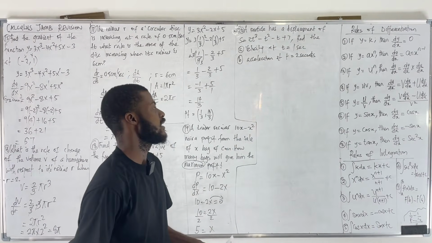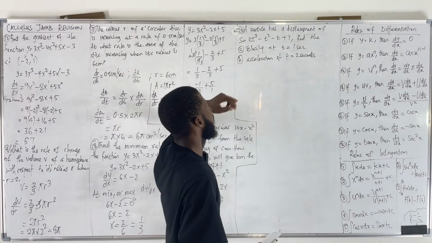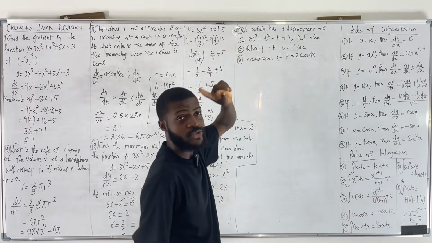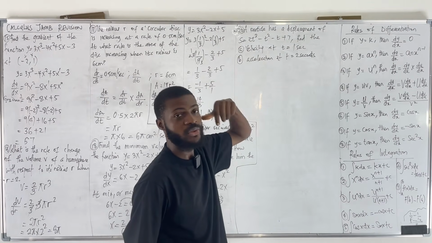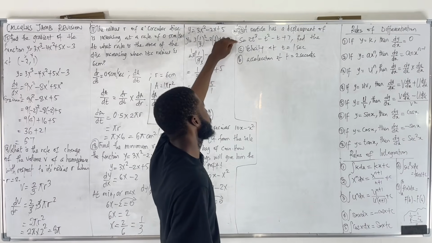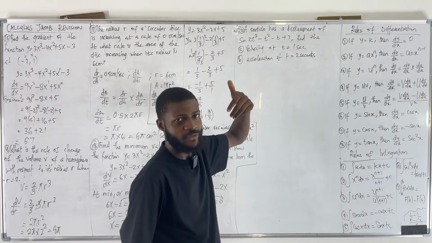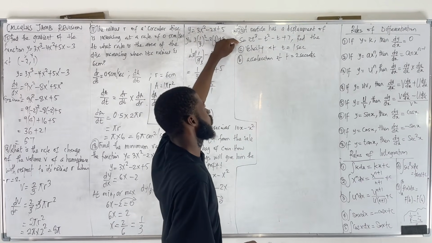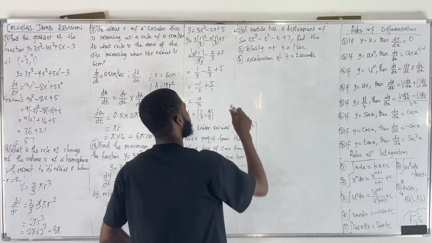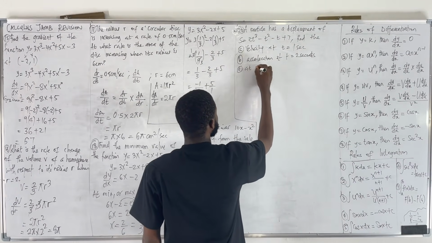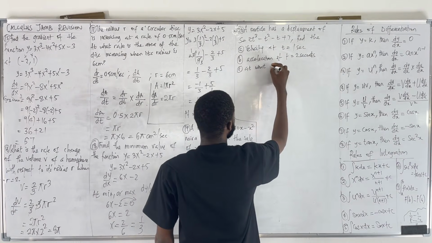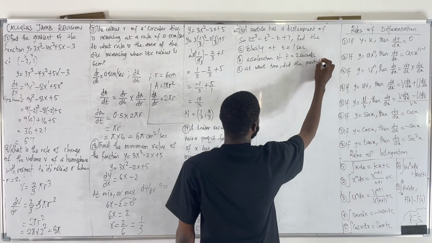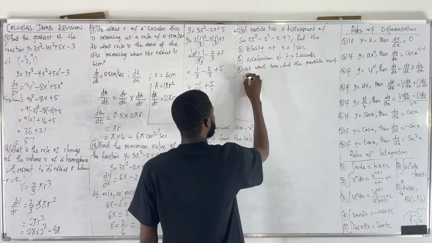Now, what if it says find the time? Because I solved that question like that when I was doing the JAMB Rema for this year. What if it says find the time? Because that one, I guess you've already watched it, if you've not, go and check the full playlist. So JAMB could also ask you, C, at what point or at what time did the particle not move?